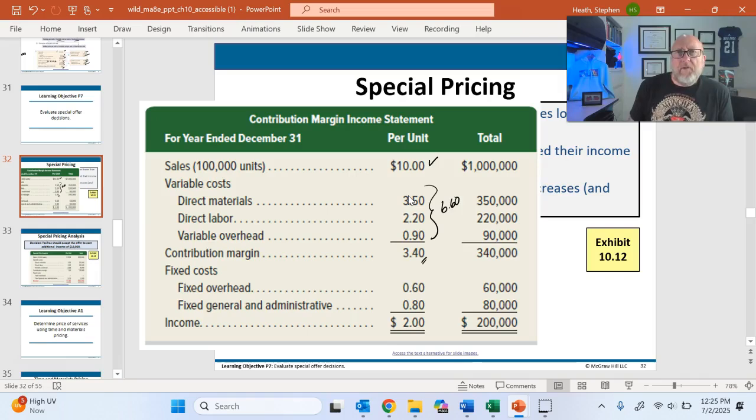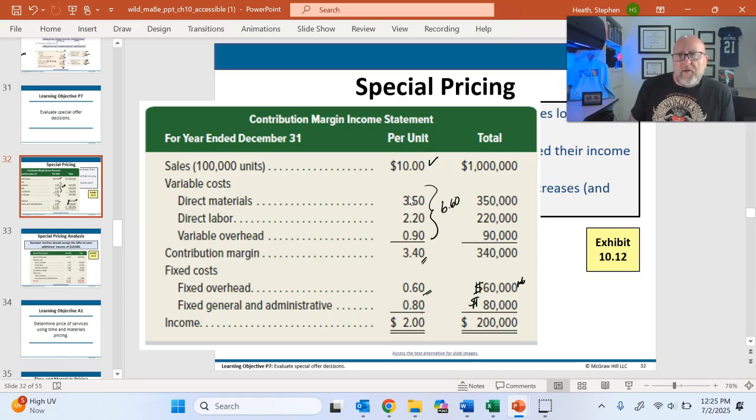Not really sure how many units we're selling in total, but it looks like we're selling 100,000 units. So if I have $60,000 in total fixed overhead and I typically sell 100,000 units, then the per unit fixed cost is 60 cents. And then I have $80,000 in fixed SG&A.